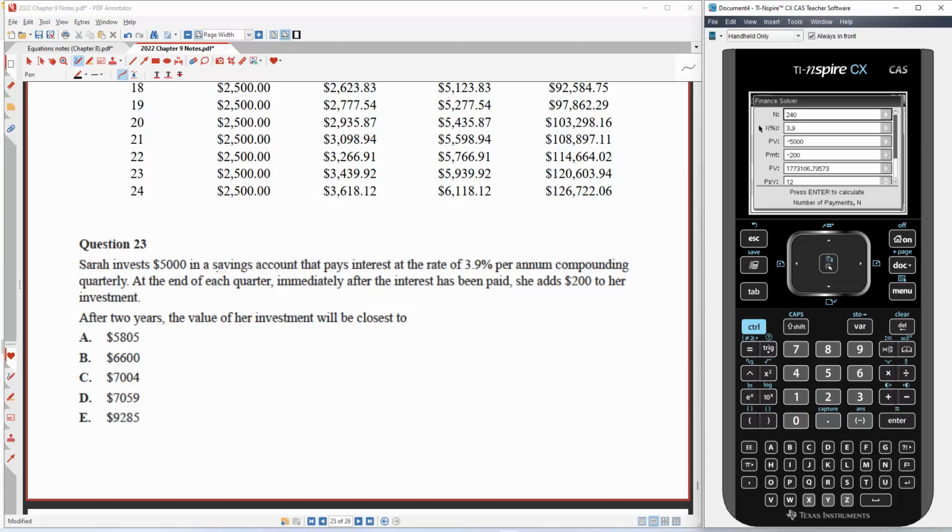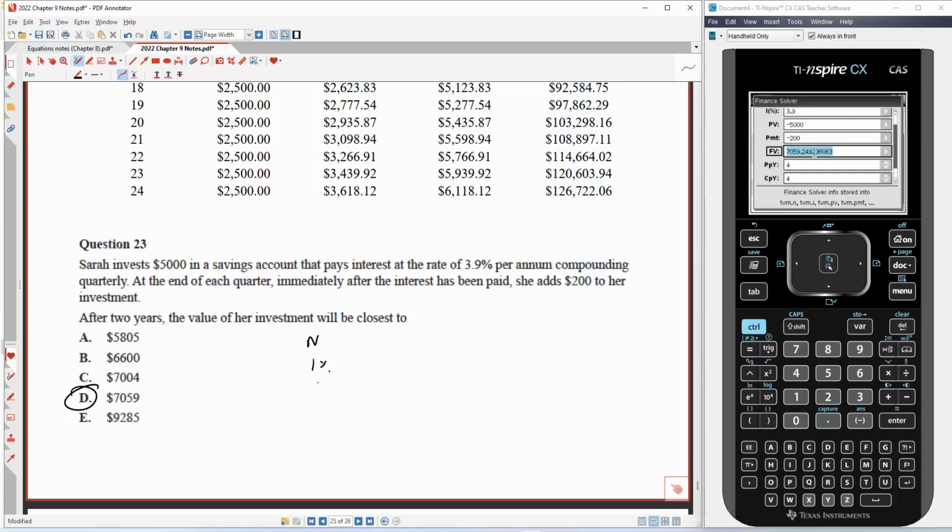Now, after 2 years, so that's 2 lots of quarterly payments. That's 2 lots of 4. Let's change the PPY to 4, and we'll work out the future value. And there it is there, 7,059. Okay, so let's note those things down.